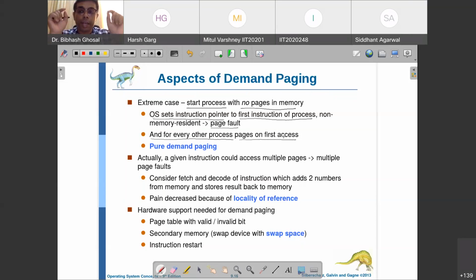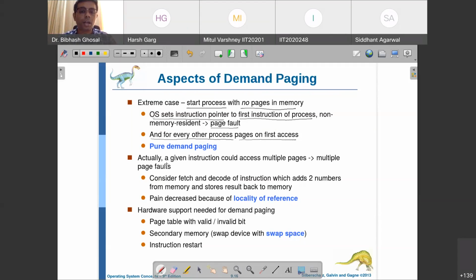Remember, the entire system works on demand paging. You do not load pages immediately when you start the process. Pages get loaded one by one, and they are done through demand paging. So the moment you start your system or any process, there is a page fault. Okay.